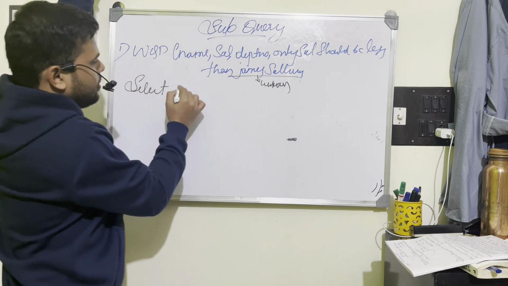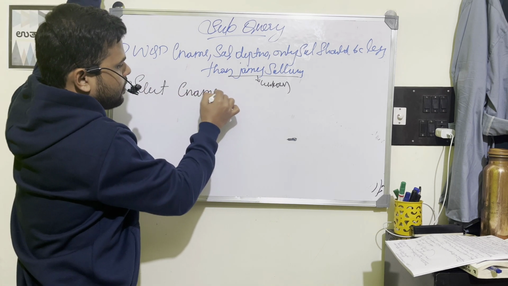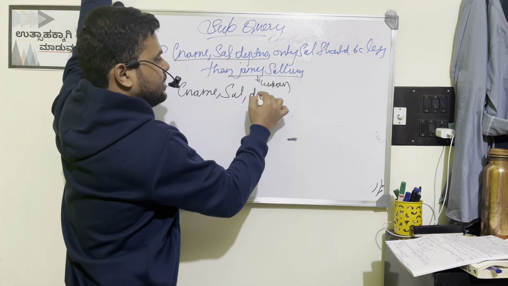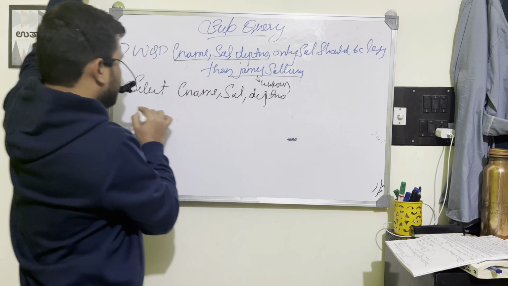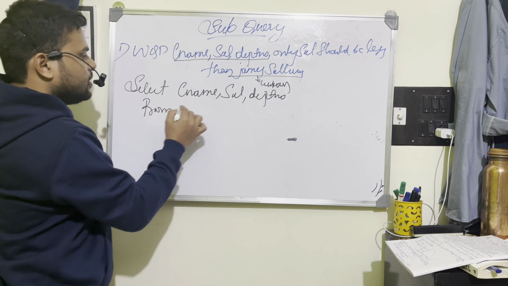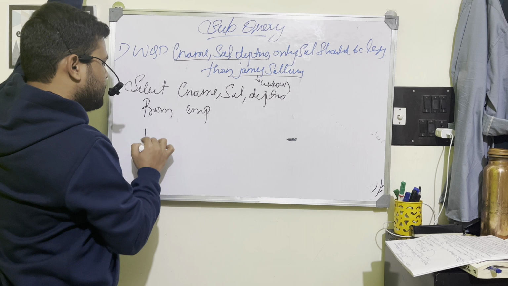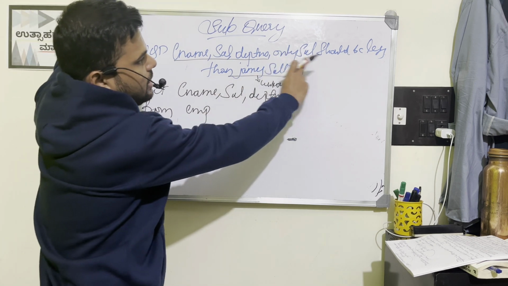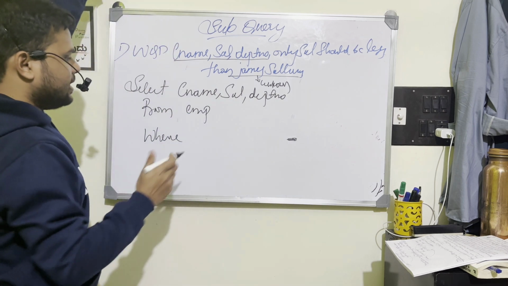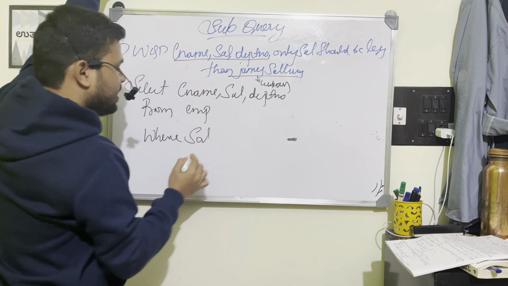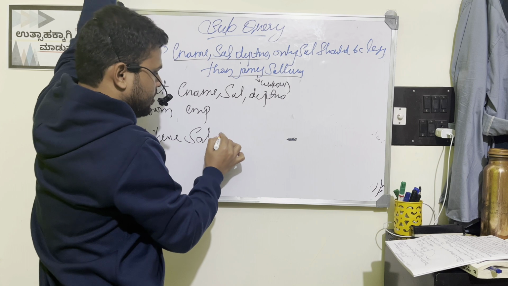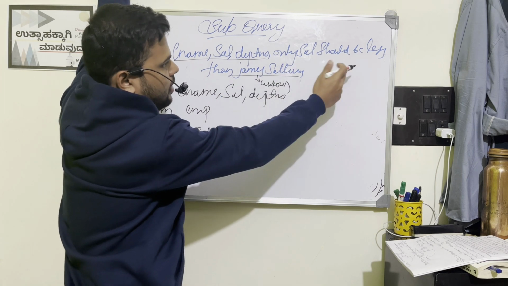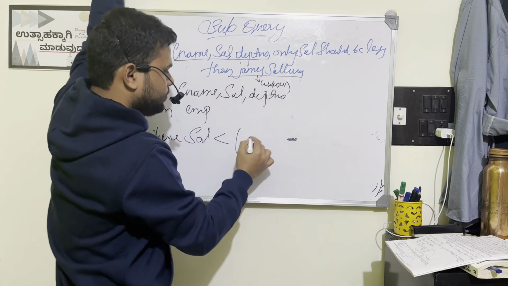Select ename, salary and department number, salary and DEPTNO from EMP table where salary less than employee James salary.